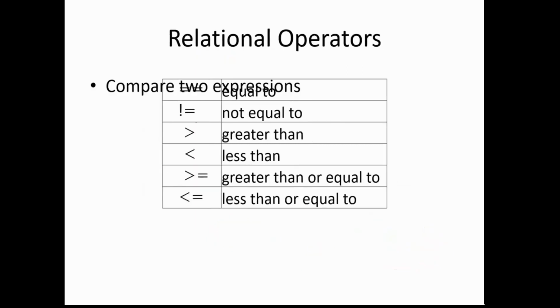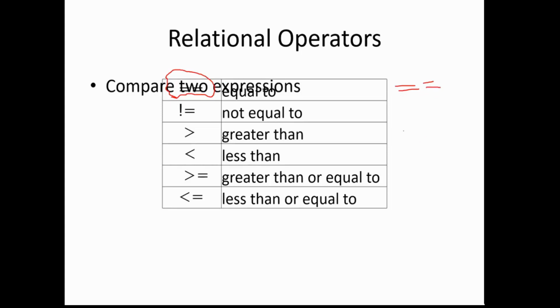And to compare two expressions, as I already told you, equal equal is what you have here, right? Even if it's not clearly visible, this is what you have: equal equal. We can say it as equals or equal to.